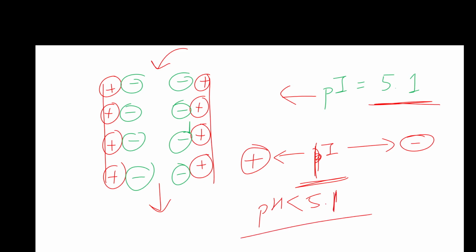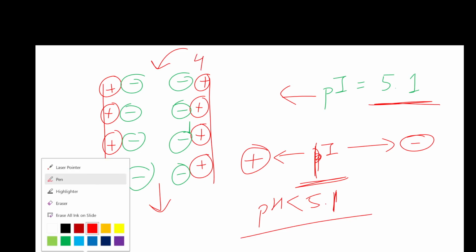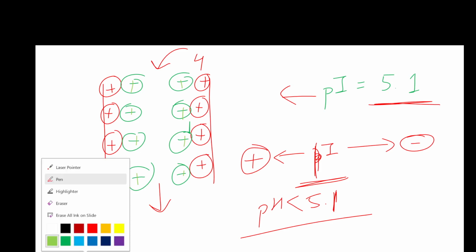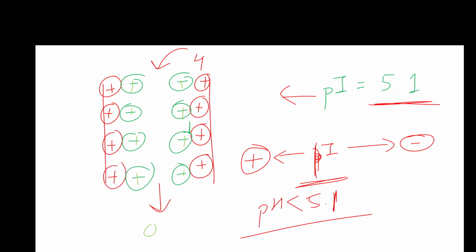Suppose you added a buffer of pH 4. Then all this protein will become positively charged, because now the buffer pH is below its pI. And when it becomes positively charged, it will leave the matrix and come out of the column.